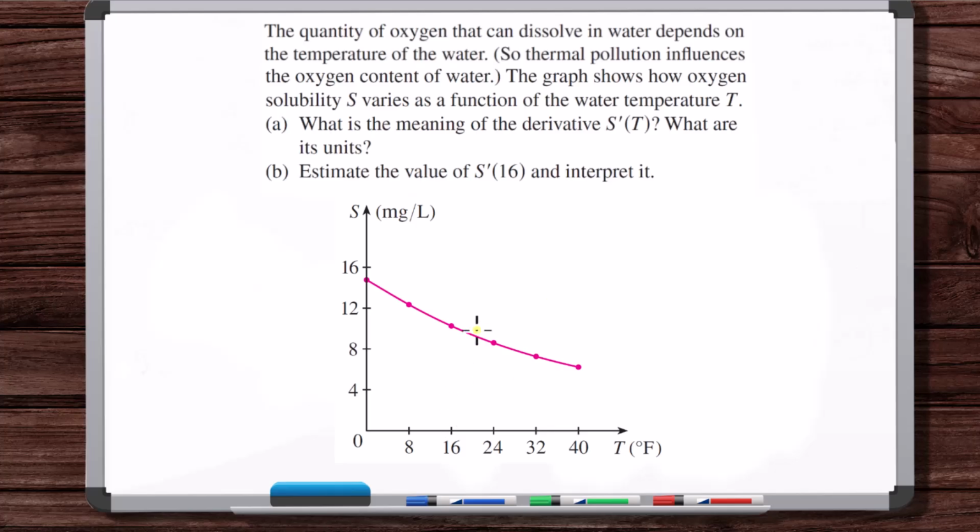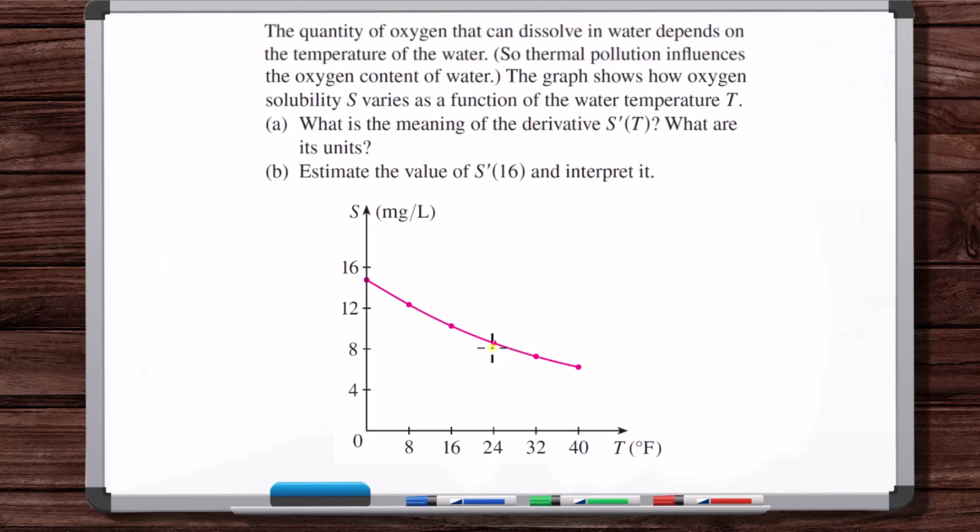So S is the solubility of oxygen in water. S prime of T is just the instantaneous rate of change of solubility with respect to temperature at a specific temperature. So at, like, 24 degrees Fahrenheit, S prime of 24 is just, for the slightest increase in temperature, what's that going to do to the solubility?